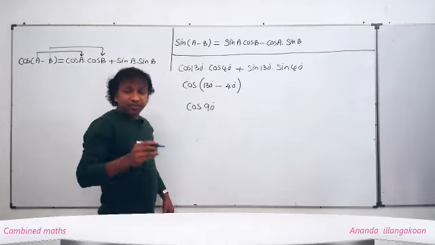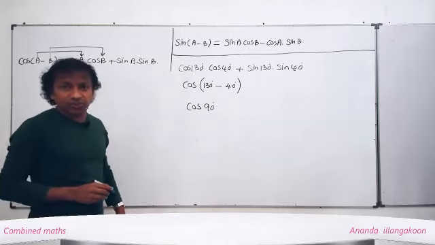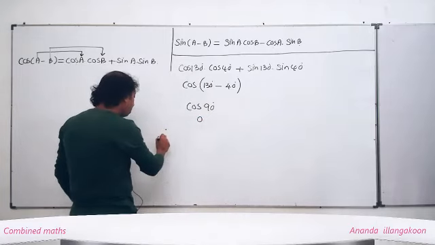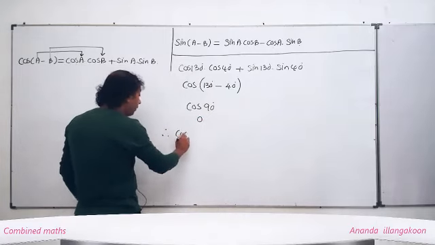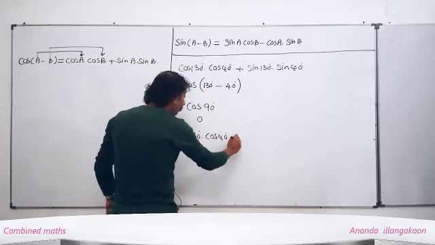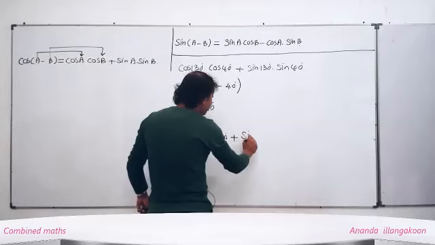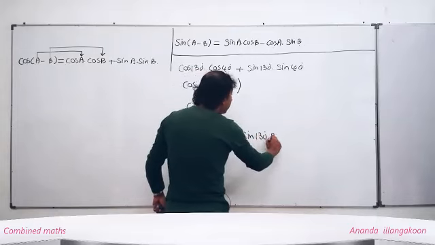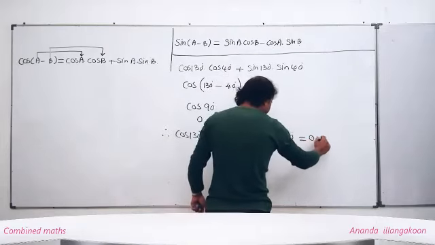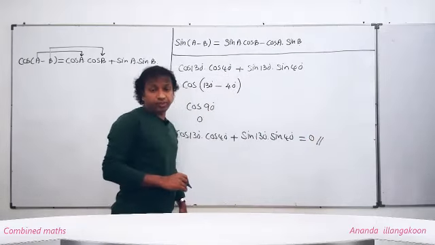Cos 90 is 0. Therefore, cos 130 cos 40 plus sin 130 sin 40 is equal to 0. This way we get that one.